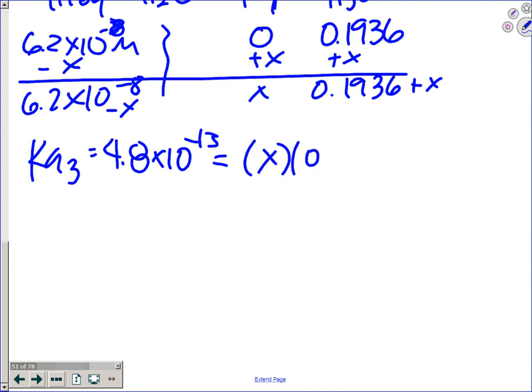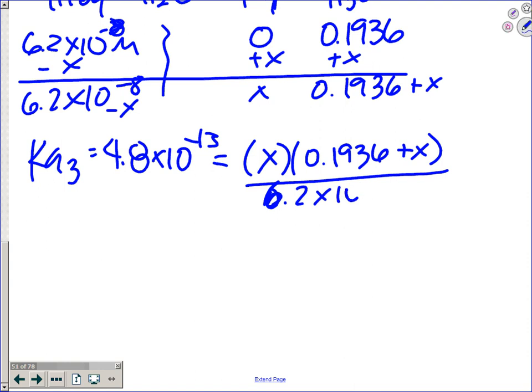And then applying all the equilibrium values here. X times 0.1936 plus X over 6.2 times 10 to the negative 8 minus X. What do I do to make my life simpler? Show the neglecting of x. So now it's going to be some math, but then we will solve for x.